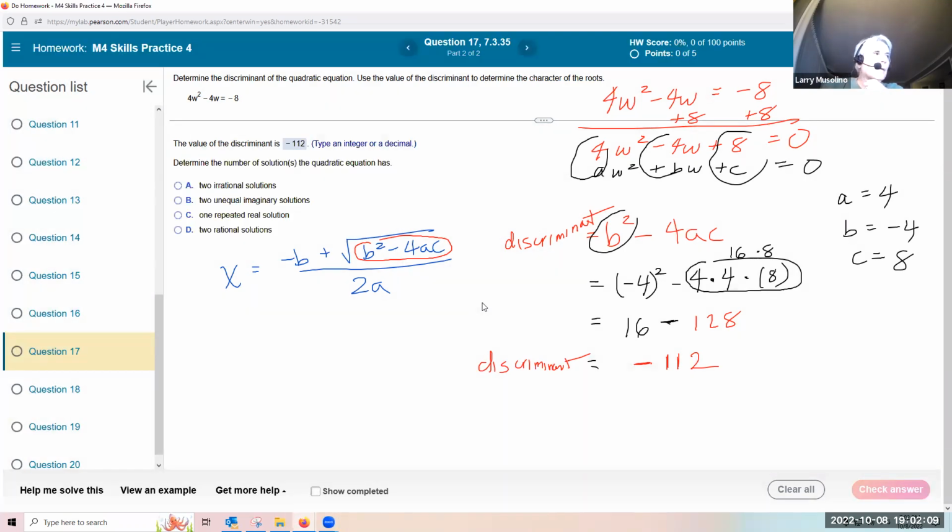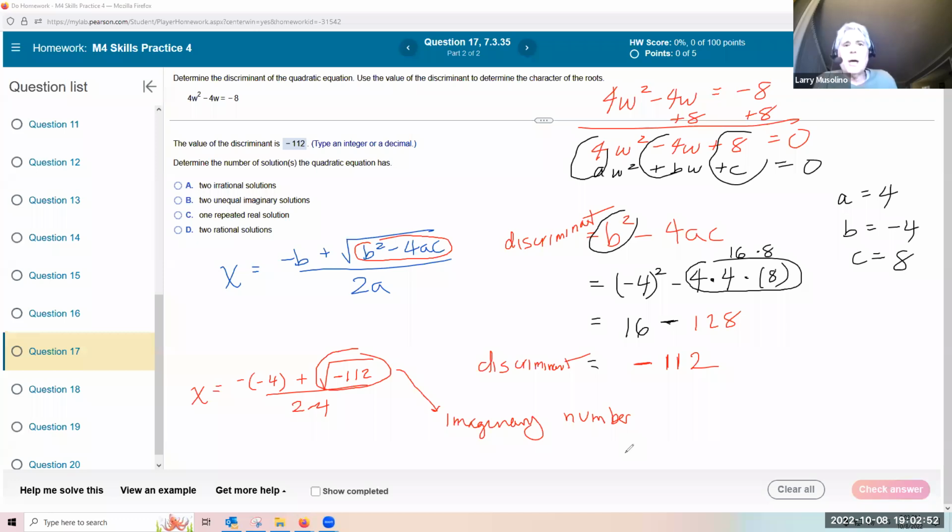Okay. So it says determine the number of solutions that it has. Well, if you notice here, we have a negative answer for the discriminant. So when we work this out, here's what we would end up with. Negative b, that would be negative 4, plus the square root of negative 112, over 2 times 4. But when you take the square root of a negative number, if you remember, that's going to generate imaginary numbers.